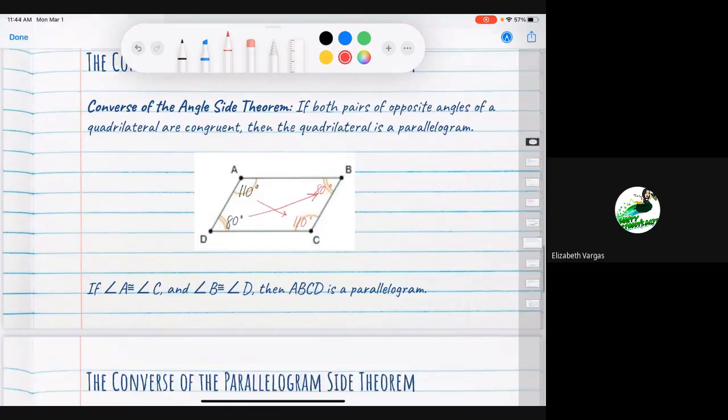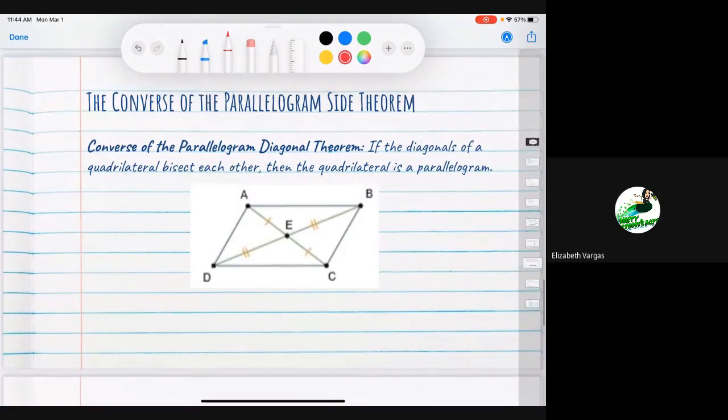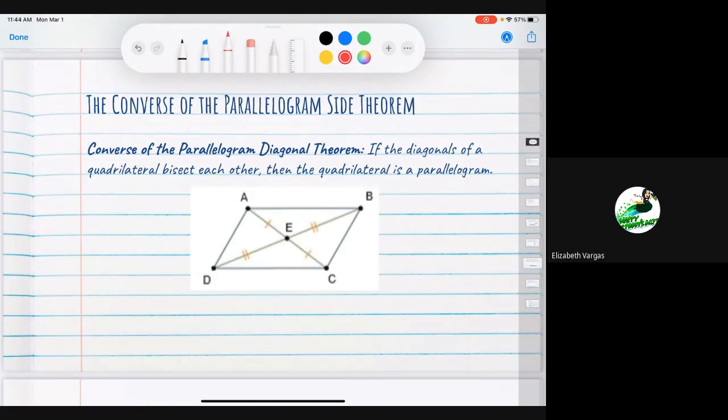Okay. Next converse we're going to encounter is the converse of the parallelogram diagonal theorem. So if the diagonals of a quadrilateral bisect each other, then the quadrilateral is a parallelogram. So say we're just given this information in this diagram. What this diagram is doing is showing us some given information.